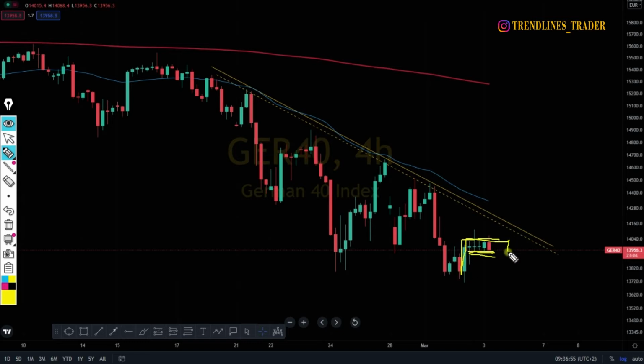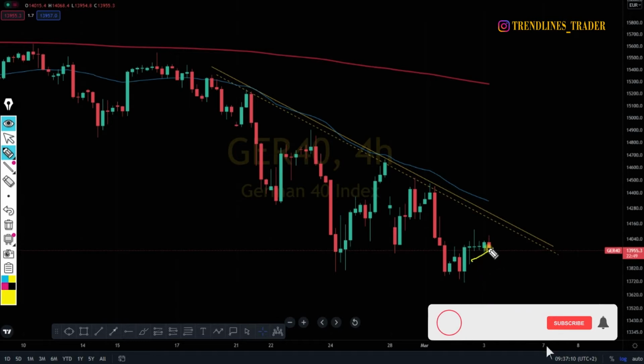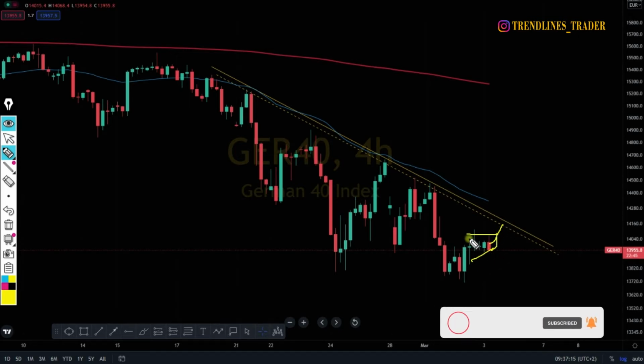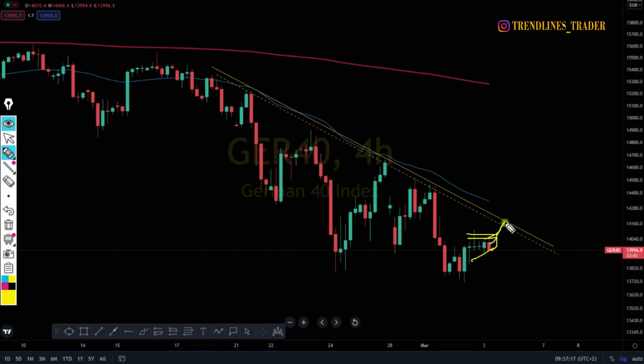I hope you are able to see this type of structure that I'm showing you, this type of chart pattern. You can see that our price is giving us sort of a flag, but anyway, let's see if it will respect the structure and reach our diagonal resistance before we see it pushing towards the downside.